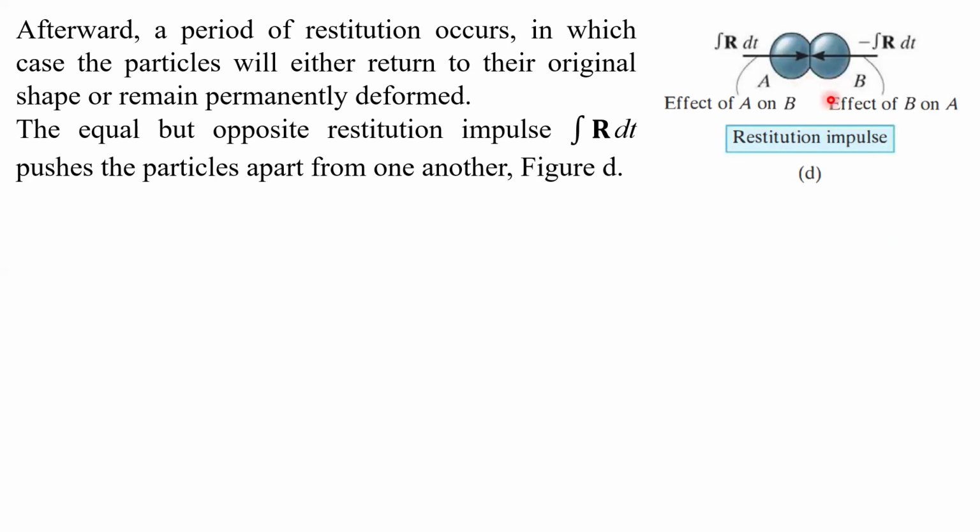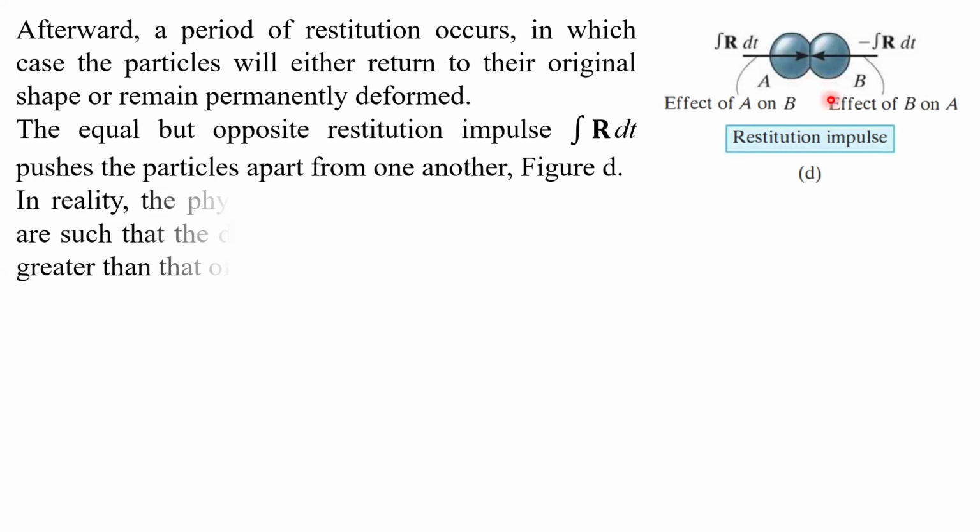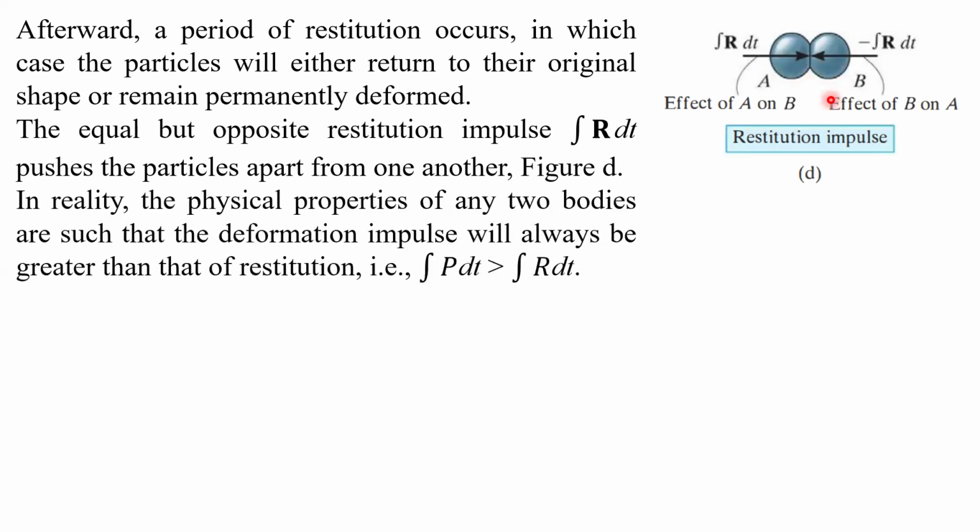In reality, the physical properties of any two bodies are such that the deformation impulse will always be greater than that of restitution. So this is the deformation impulse. This is the restitution impulse.